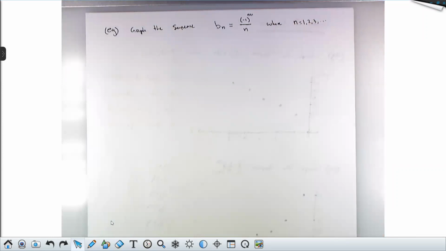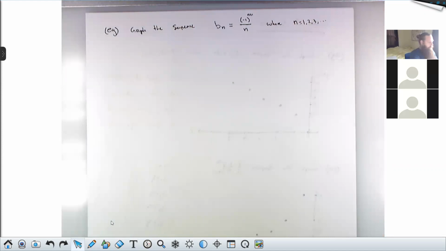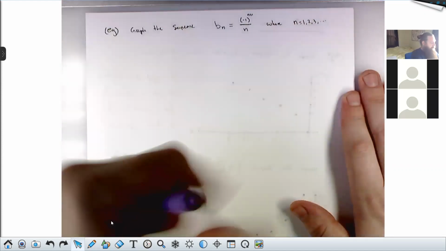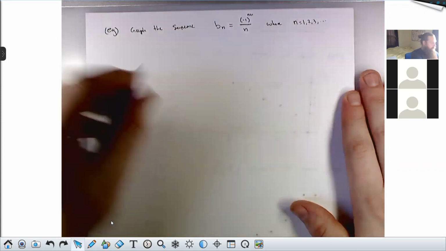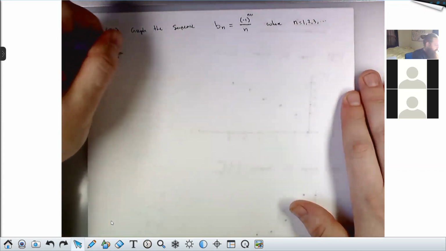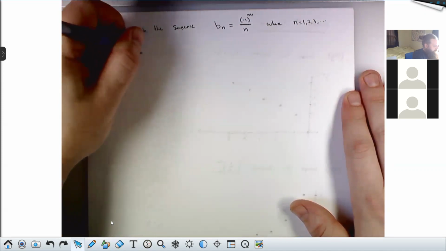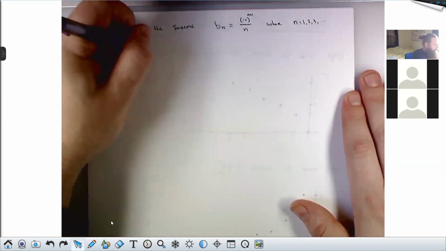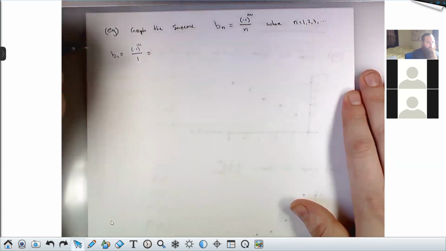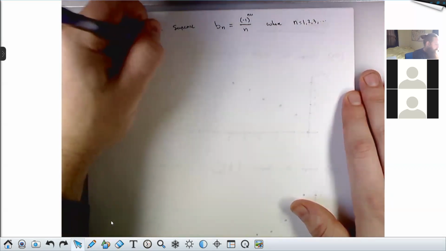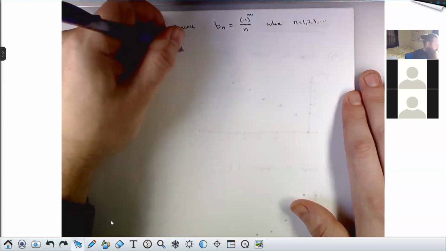To do this, we want the first few terms, and since this one's not super obvious, let's take a second and write them out. There is no b0, right? And n starts at 1. So b1 is -1 to the 1 plus 1, all divided by 1. 1 plus 1, the power there is 2. This is -1 squared over 1, which is 1 over 1.